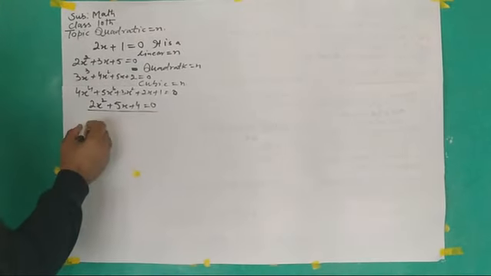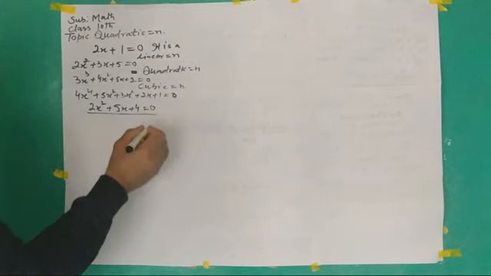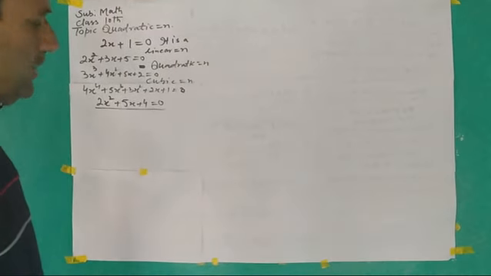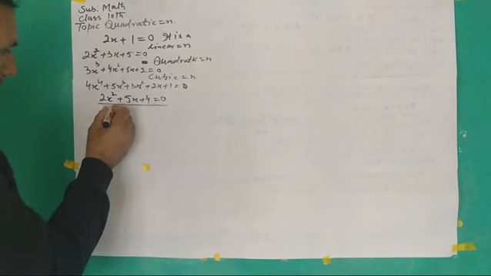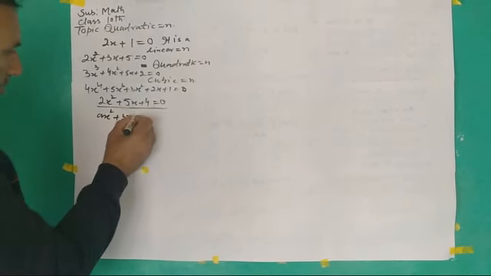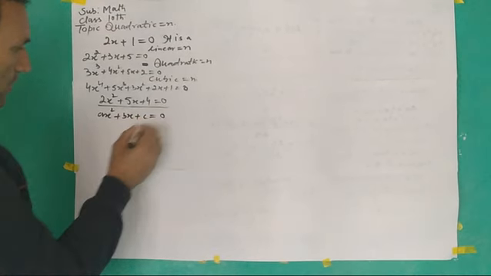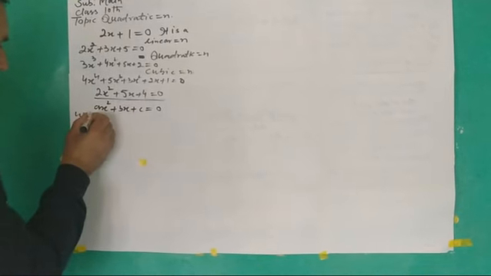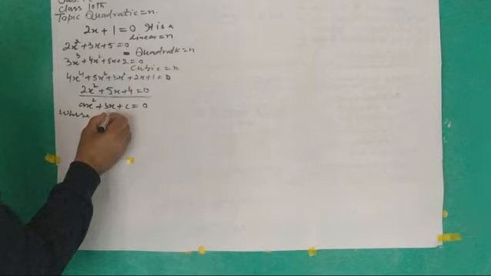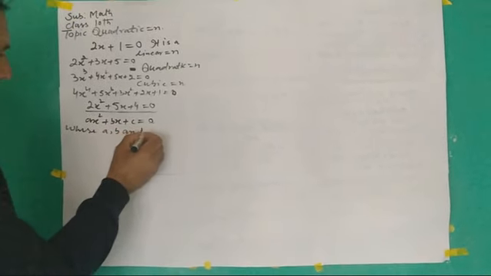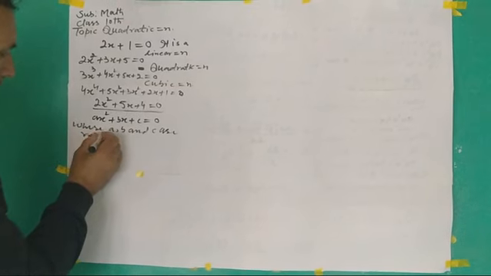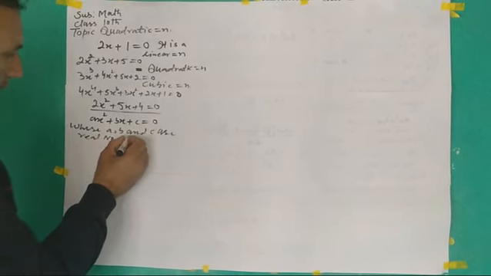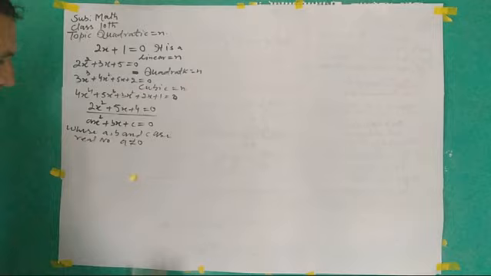Now I will write here a general quadratic equation, that is ax square plus bx plus c is equal to 0, where a, b and c are real numbers, a is not equal to 0.